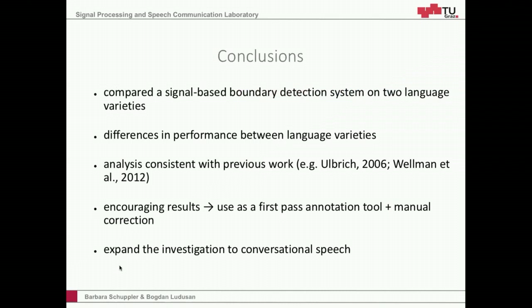The analysis of the contribution of the features is consistent with previous work, and we think these are very encouraging results because the tool has a good output that we can use as a first pass annotation tool with further manual correction in order to complete the annotations. In the future, we will also expand our investigation, especially about the contribution of the features in the different varieties to conversational speech. Thank you for your attention.